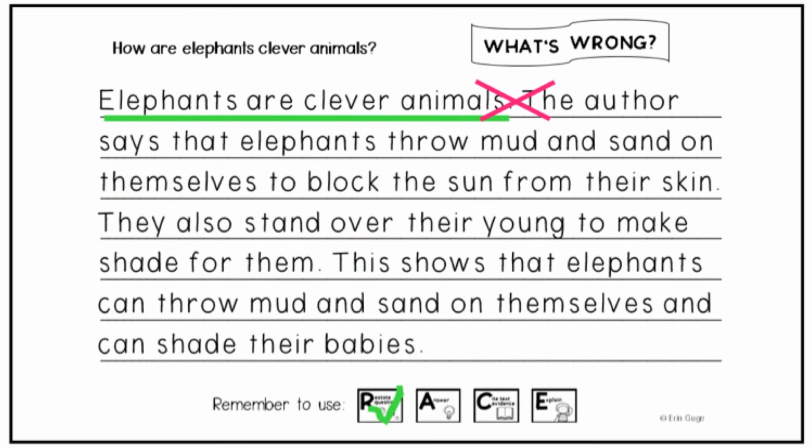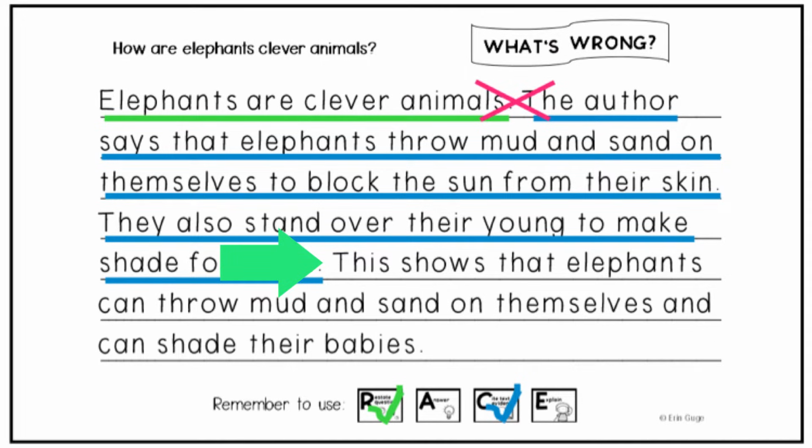Does it cite text evidence to prove how elephants avoid a sunburn? Look back and see if it tells something from the story that proves that elephants know how to avoid sunburn, and whisper yes or no. Yes, it told what elephants do to avoid sunburn, with the mud and the sand and shading their babies, all very clever things, proving that they're clever.